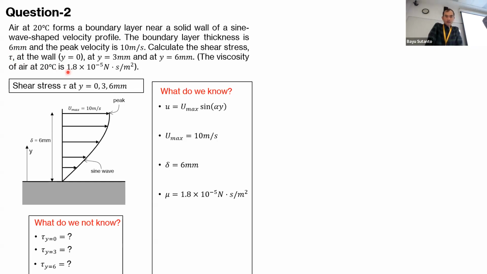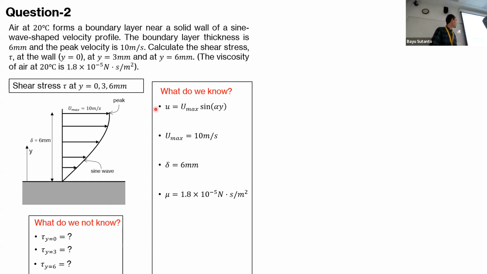And the viscosity of air at 20 degrees Celsius is 1.8 times 10 to minus 5 Newton second per meter square, or Pascal second. So what we need to define is 0, 3, and 6.